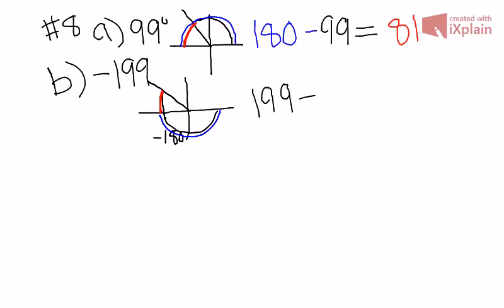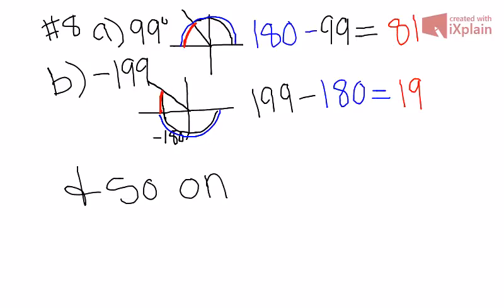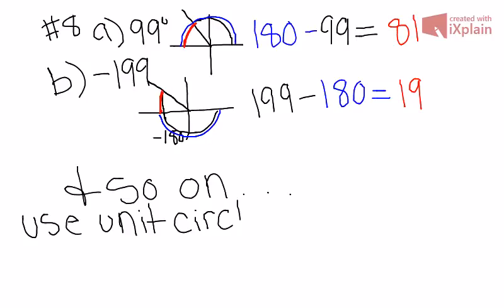So obviously, 199 is that whole black part, and we just want the red part, so we have to subtract away the blue part, right? And that gives us 19. Okay. So basically, we're using our unit circle, and it's pretty straightforward.